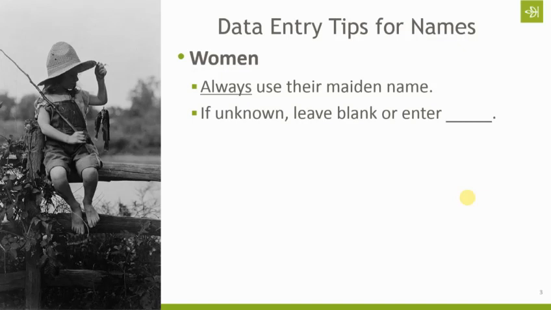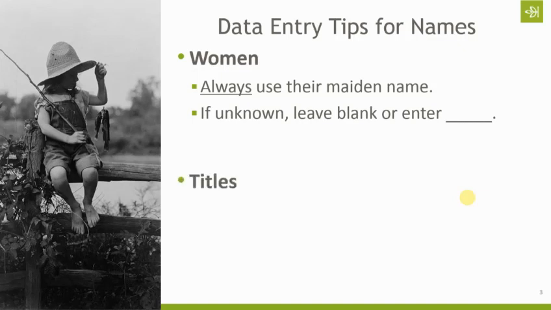So this is the only thing in this whole presentation that I feel super, super strongly about, and that is always use women's maiden names. And if you don't know it, leave it blank or enter that blank line, but try not to put something else in that field. It will affect hints and searches and all sorts of things in the long run.